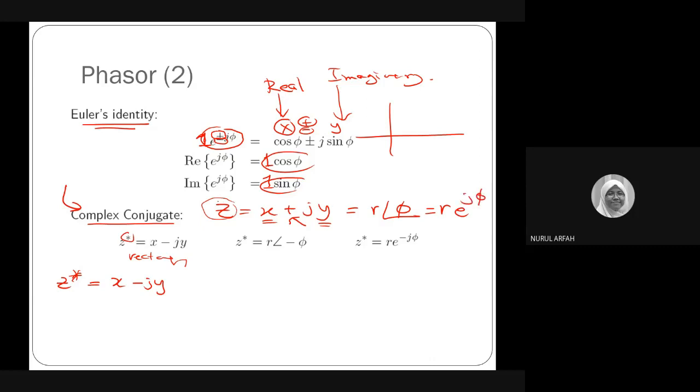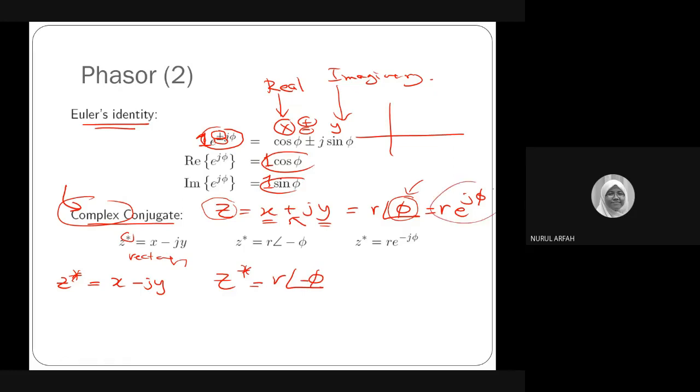If you want to write that in complex conjugate form, you write it with an asterisk and just change the sign of the phase. Since this is positive, you write r with a negative theta.